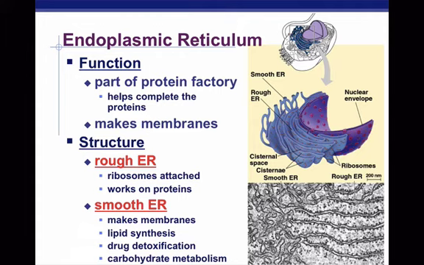You know that your organ for drug detox is your liver. And so if you looked at a liver cell and compared it to a skin cell, the liver cell is going to have a lot more smooth ER than the skin cell. And also carbohydrate metabolism, so breaking down glucose and disaccharides and polysaccharides, those are all carbohydrates.